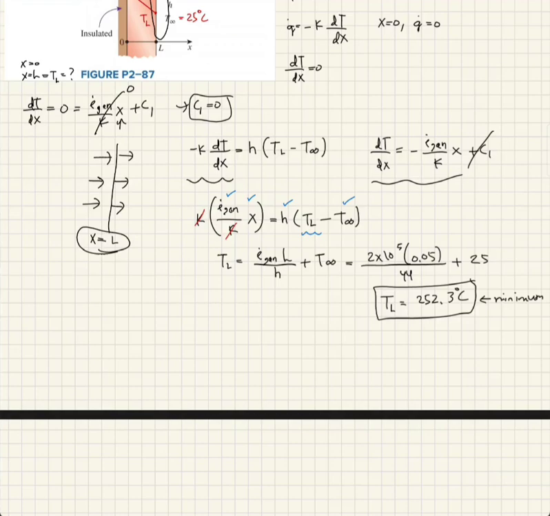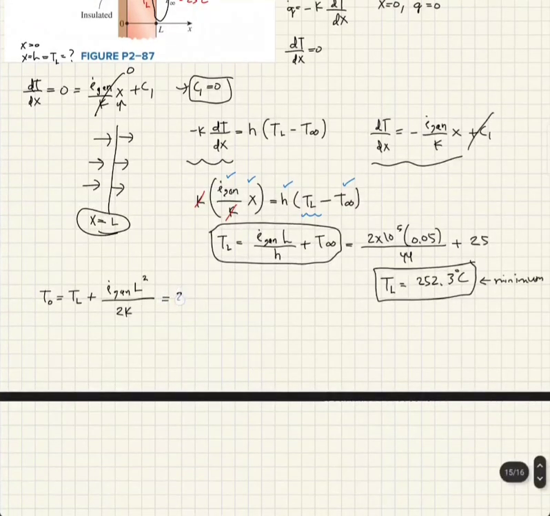To find T0, we basically copy this equation and replace L with T0 equals T, and instead of T infinity we write TL plus e dot gen L squared over 2k. This is the equation from the book, you can find it.